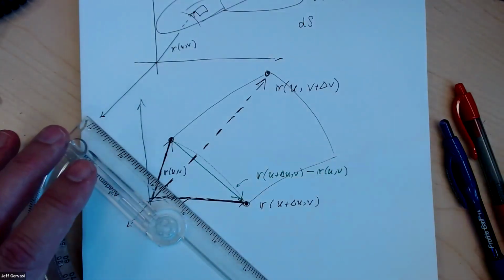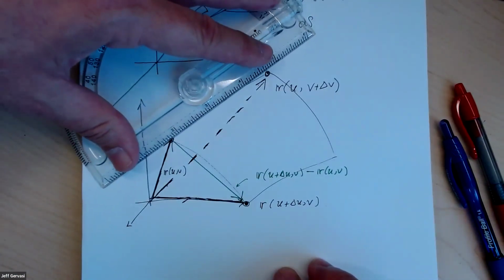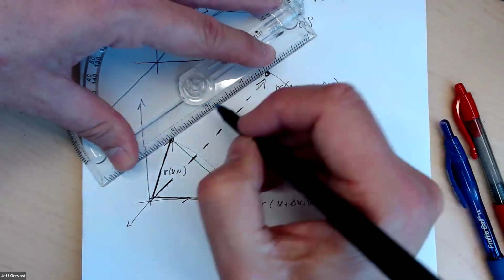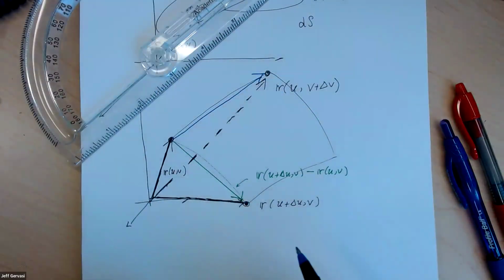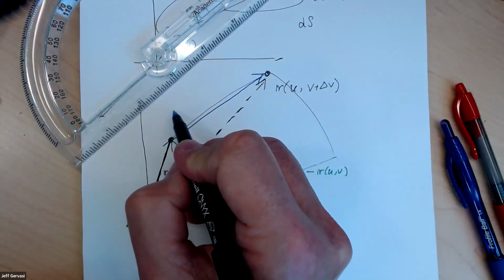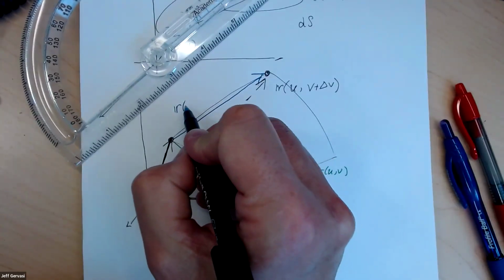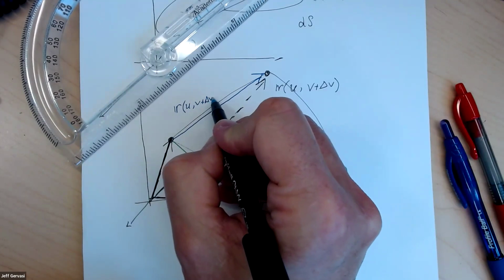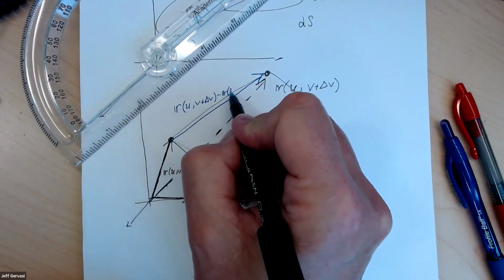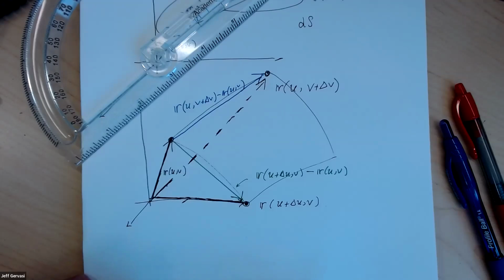And then let's make this other vector blue, from this point to this point. So that blue vector, you know what that is? That is this.